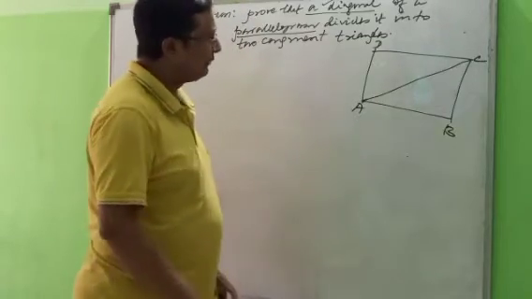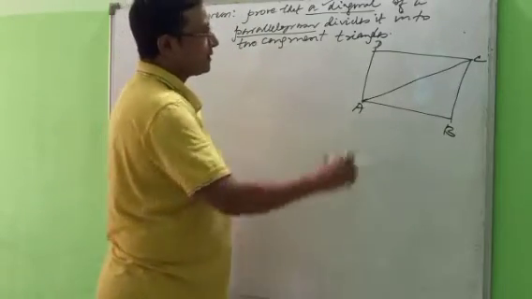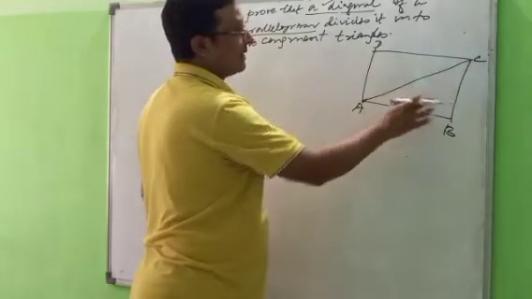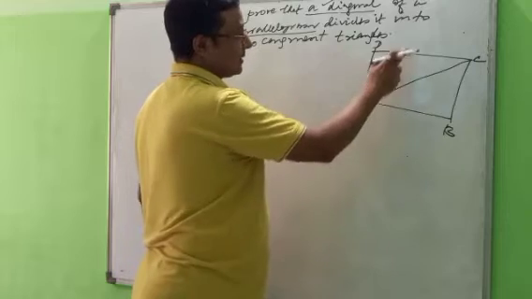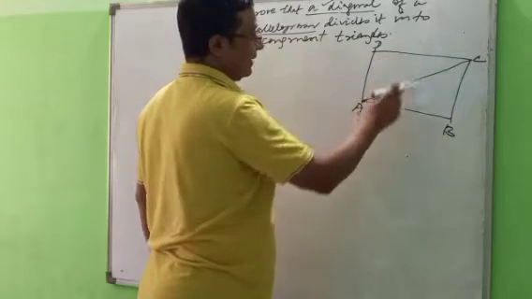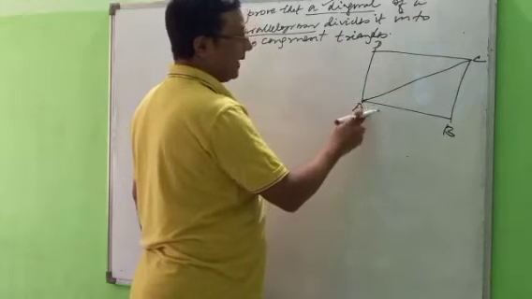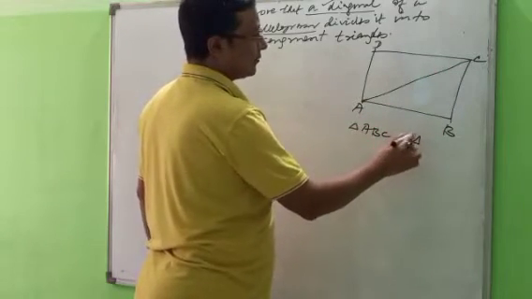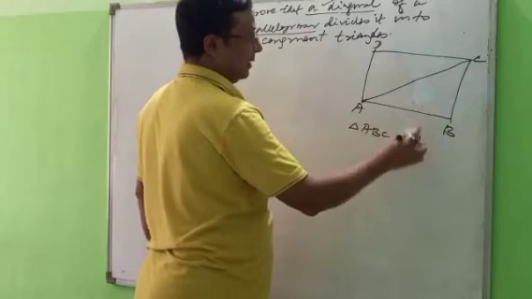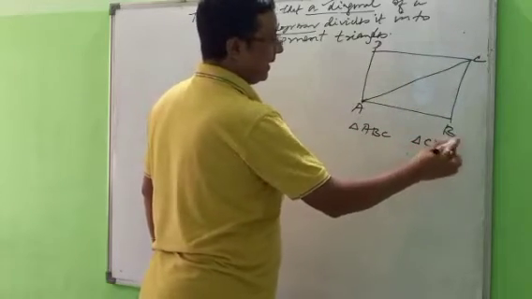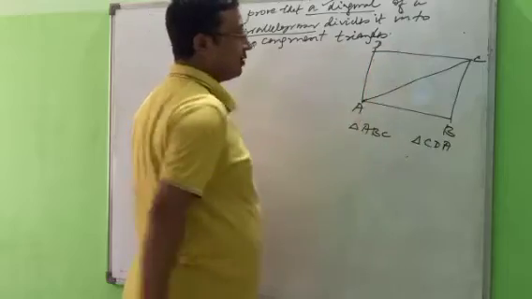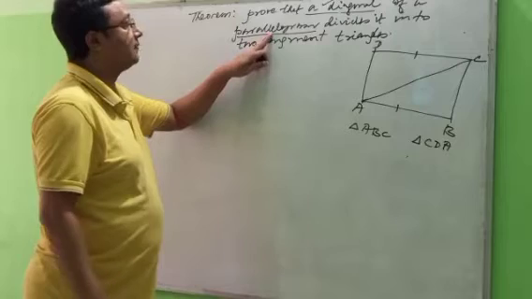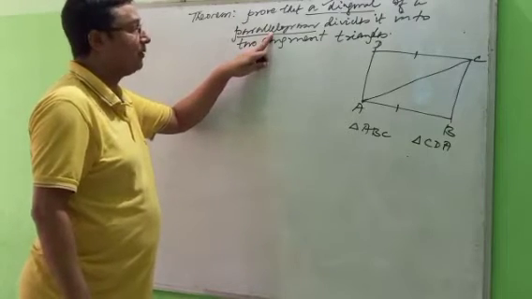Now, before we start the proof, since in a parallelogram opposite sides are equal as well as parallel, let us take the two sides, say AB and DC. So in triangle ABC and triangle CDA, in both the triangles you have got that the opposite sides are equal, because the figure is given as a parallelogram.